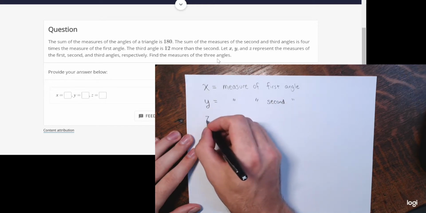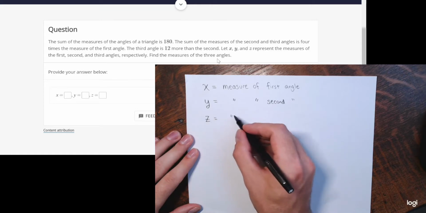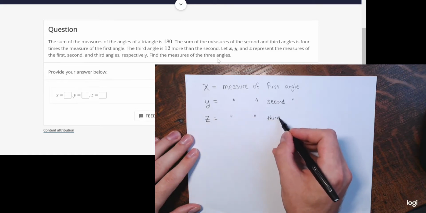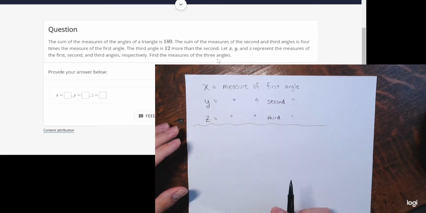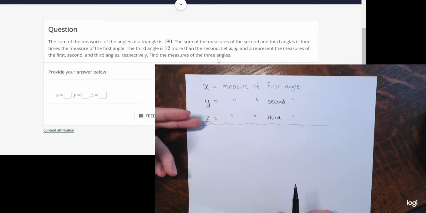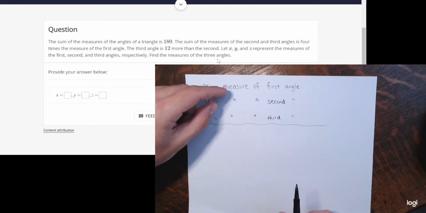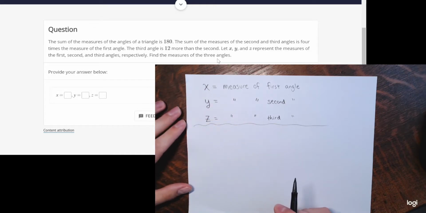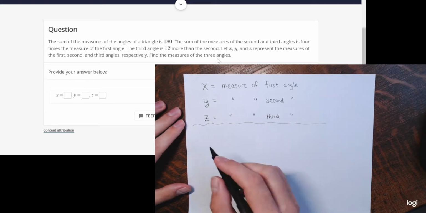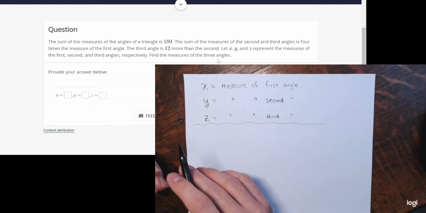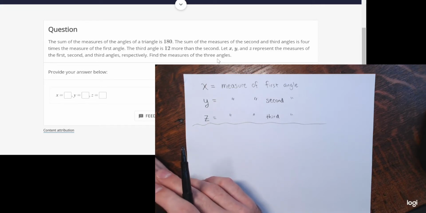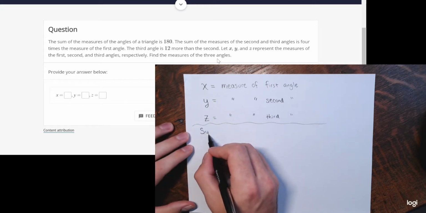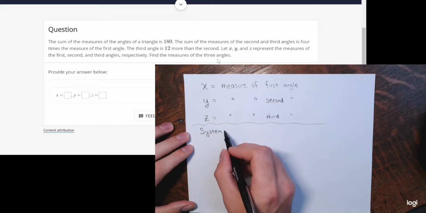And z, right, represent the measure of the third angle in this triangle that's being described. All right, so I've read through it. I've identified what they want from me, what they're asking me for, and assigned letters, assigned expressions to each of those unknowns. Now, here comes what I feel is the more difficult part for most people, the setting up of the equations. Reading through the sentences again, we're going to set up a system of 3 equations with these 3 variables.